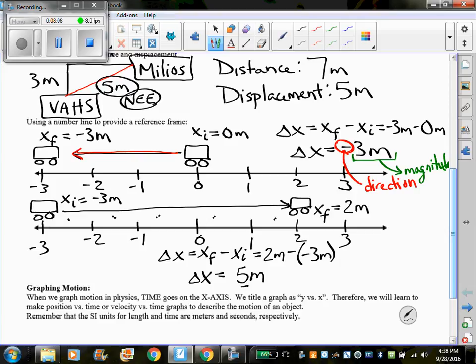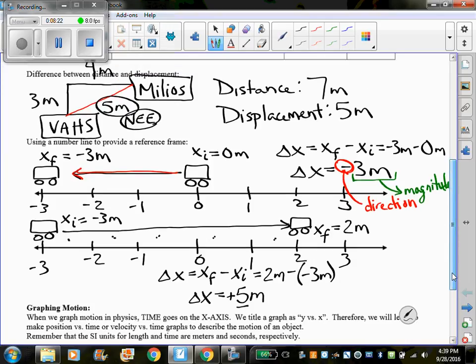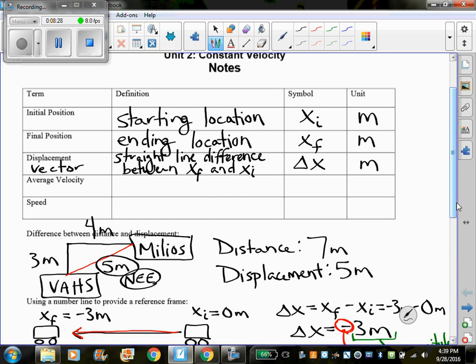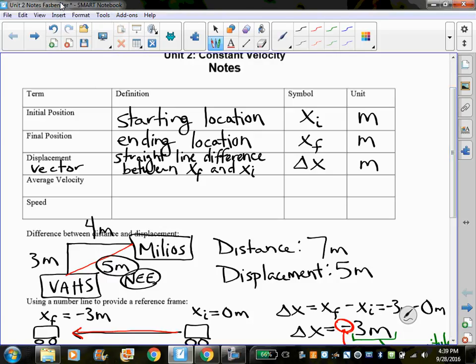That's also what we calculated. And then we went to the right. And to the right was towards the positive. And we can see, even though we didn't write a positive sign, we do know that that's +5 meters. Okay? So that's how displacement really gives us a lot of information. It's a vector that gives us the magnitude and the direction.